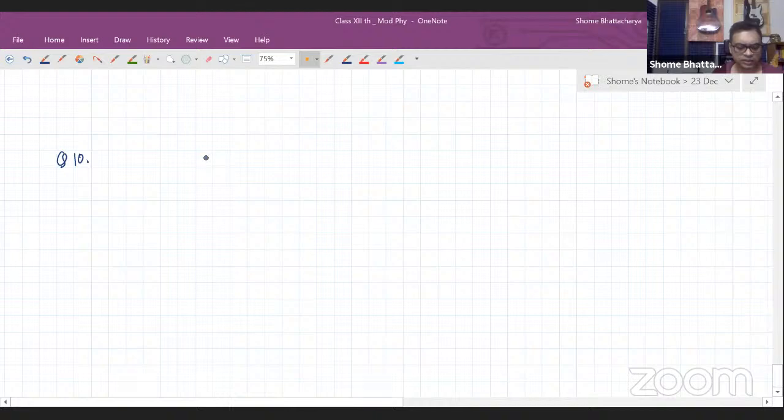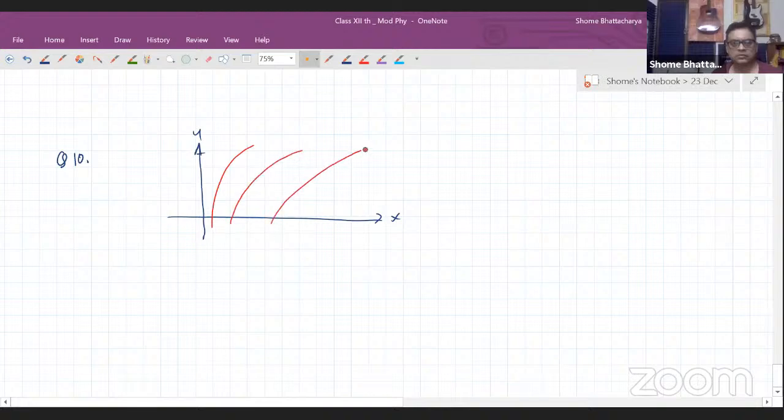So, it's showing a graph of electric field. Rather, it's showing the actual geometry of electric field lines in the XY plane. And the electric field lines are something like this. Okay. Now, it's also saying that the electric field lines are symmetric about the y-axis.